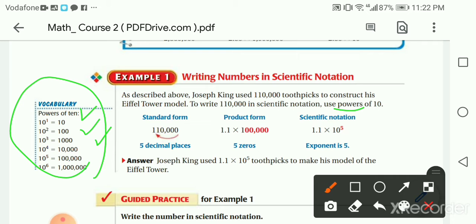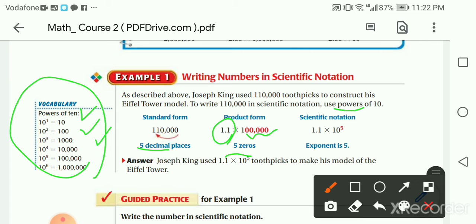Can you see here? I have 1, 2, 3, 4, and I took 5 zeros, as you see, and I put 1.1 instead. So 1.1 times 100,000, 5 zeros, 5 decimal places.